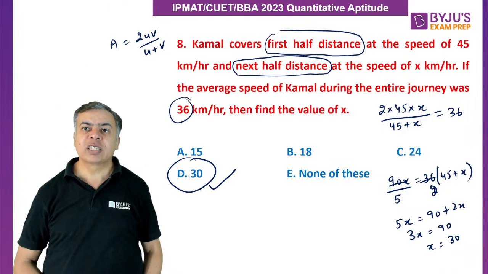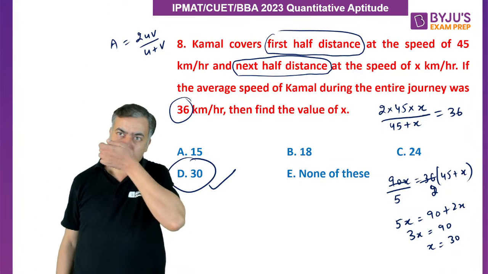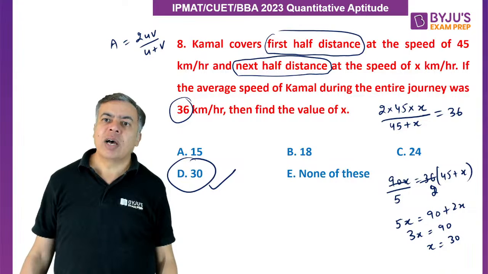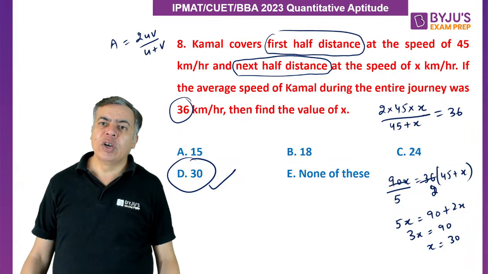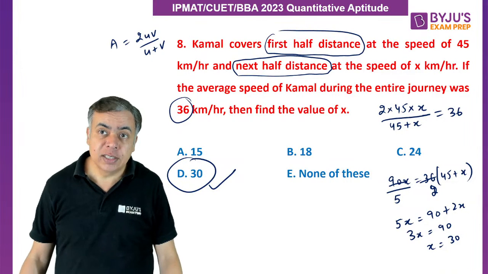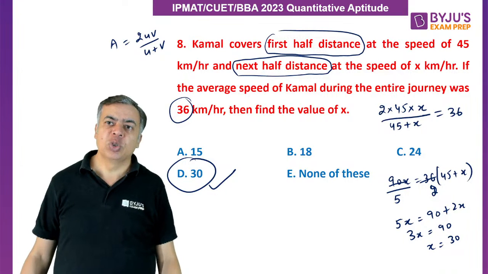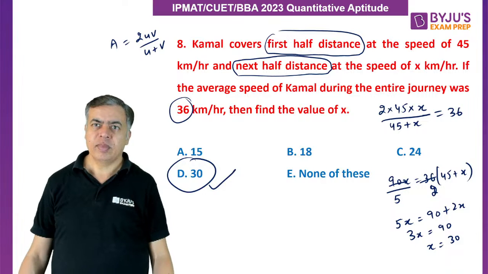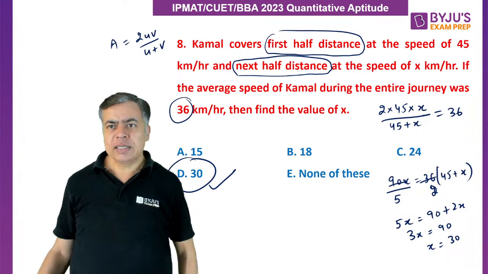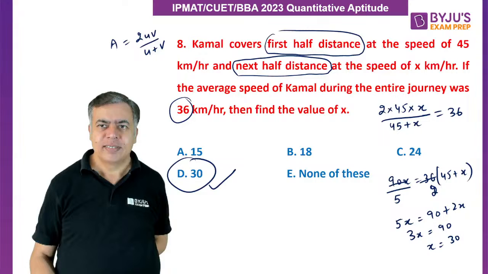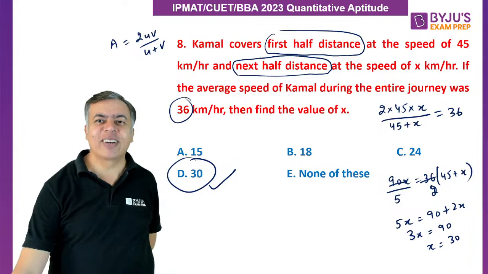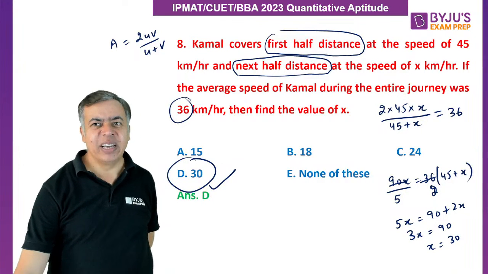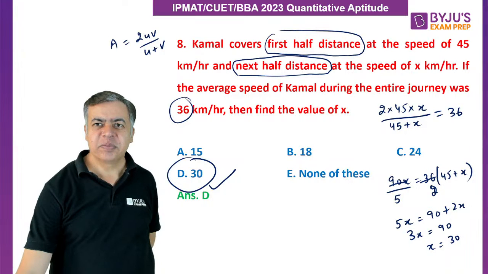The value of x becomes 30. Right? So I am applying this formula 2uv over u plus v. When the distance is constant, average speed is 2uv over u plus v. Okay? Yes, easy question. Right? Once you know the formula, the questions are easy. Okay, D option is the correct answer.